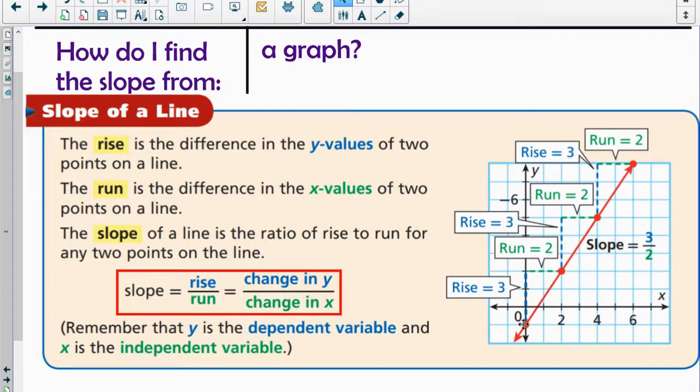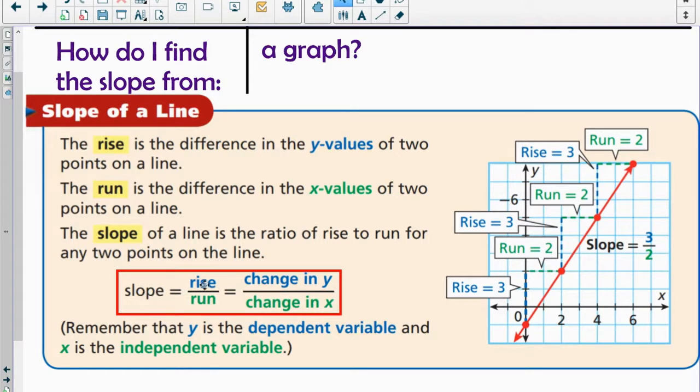So this time, from here I want to count what is the run, how many spaces do I have to go until I get over to that red dot. Since there's 2 spaces, 2 squares, so 1, 2, my run is 2.